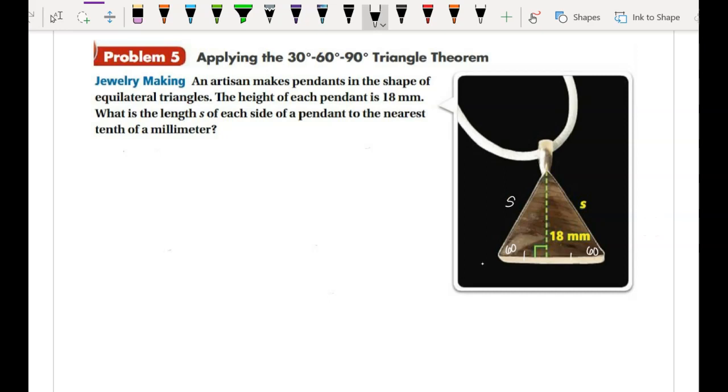Now, what is the length of all 3 sides? Well, all 3 sides are S. So what is the length of this one? It is 1/2 S. Now I know that this is 90 degrees also.